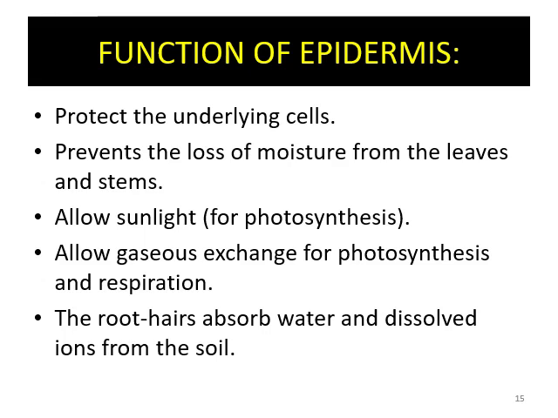The transparent epidermal cells allow sunlight to pass through to the chloroplasts in the mesophyll tissues to perform photosynthesis. The stomata of leaves and stems allow gaseous exchange to take place, which is necessary for photosynthesis and transpiration.